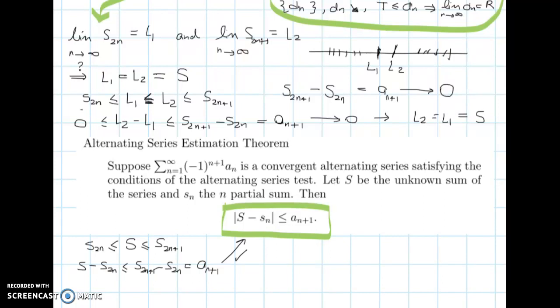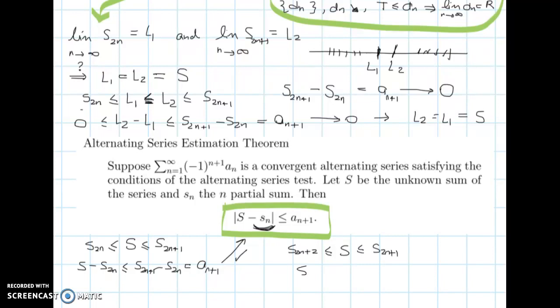On the other hand, if the partial sum we want over here is an odd term, I'm going to write that actually s_{2n+2} is less or equal than s is less or equal than s_{2n+1}. And that's also true because all the even terms are less or equal than the sum, less or equal than any odd term.